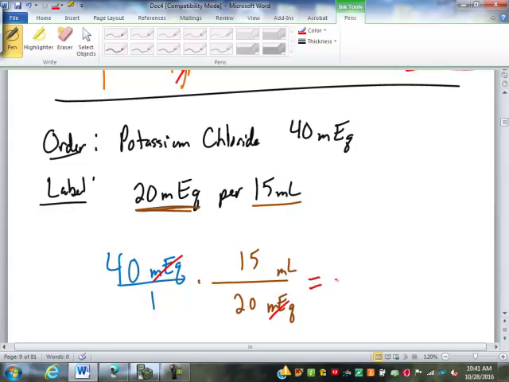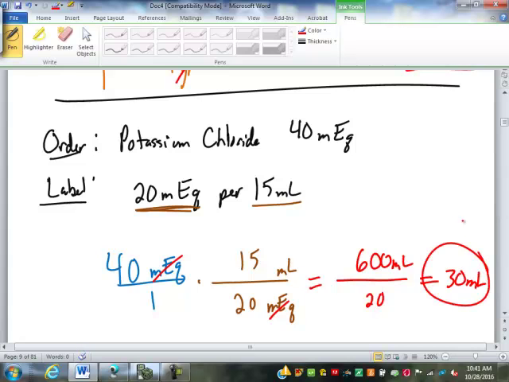I'm not going to, just because most of the nursing instructors prefer not to do it that way. But 40 times 15 is 600 milliliters over 1 times 20 is 20. So 600 milliliters divided by 20 is 30 milliliters. That is what you would administer to the patient.